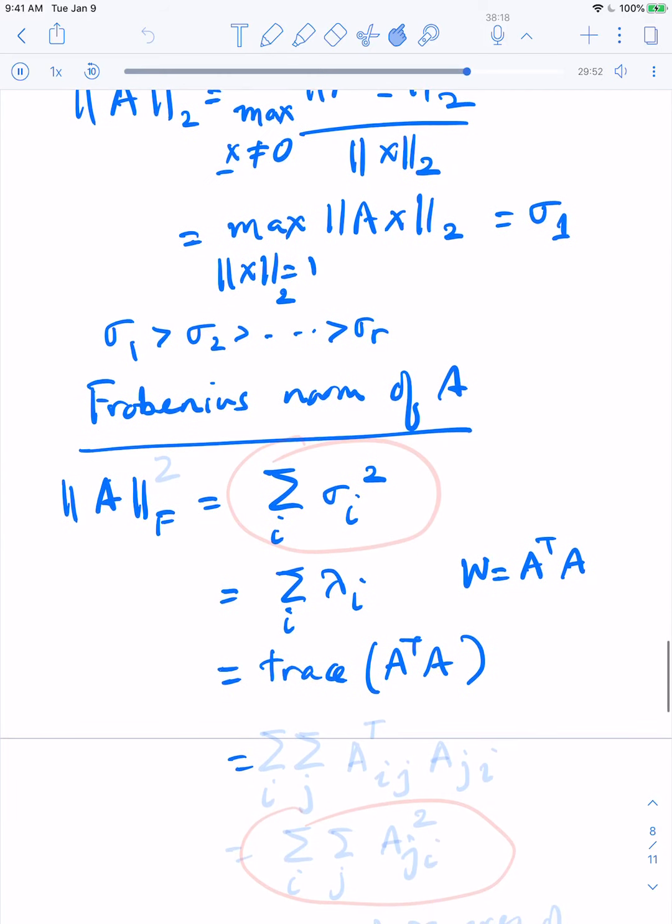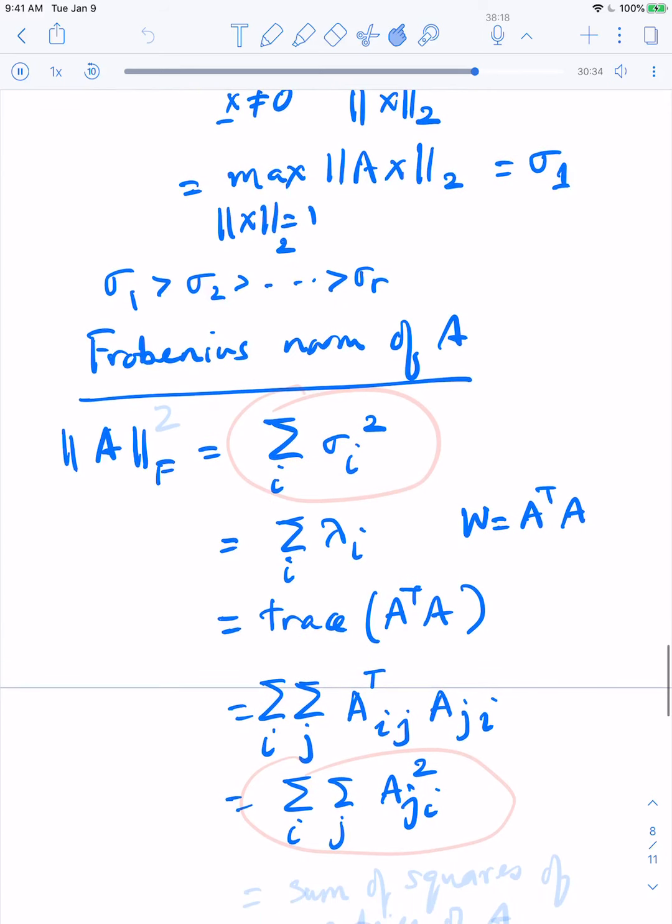A transpose A is A transpose ij times A ji, which is the ith diagonal entry of A transpose A. I sum it over j, and then of course I have to sum over the diagonal entries i, and A transpose ij is Aji, so I basically have Aij squared.